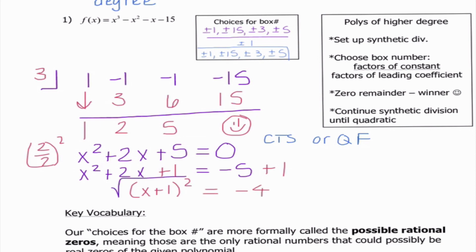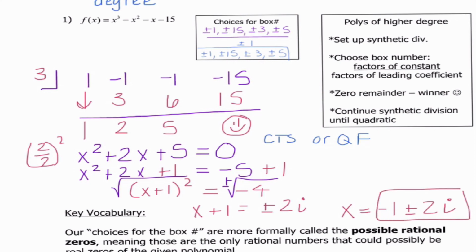I'm going to then square root both sides, and when I square root over a number, I need to put plus or minus. So I get x plus 1 equals plus or minus the square root of -4, which is 2i. So x equals -1 plus or minus 2i. These would be our other two zeros for this particular problem.